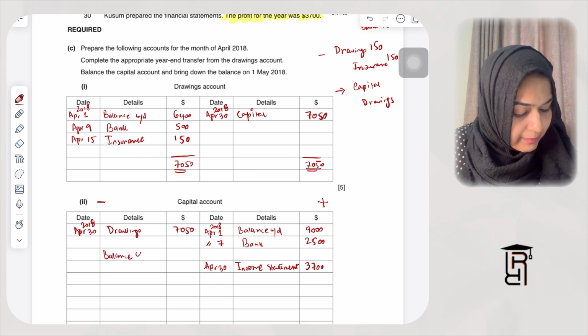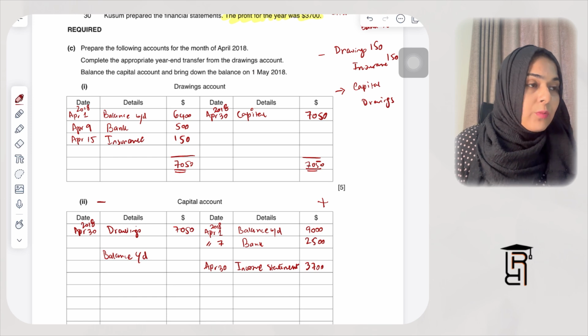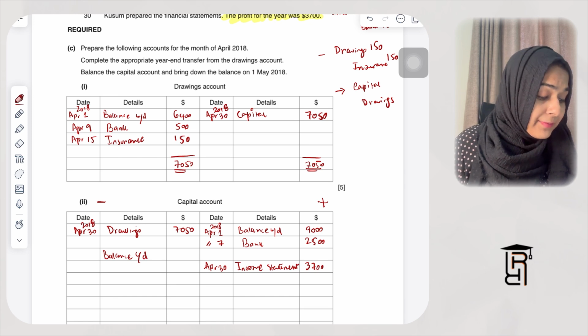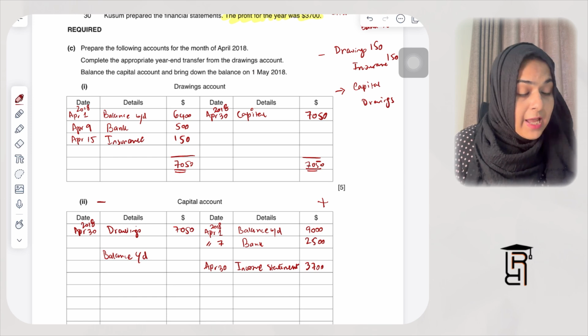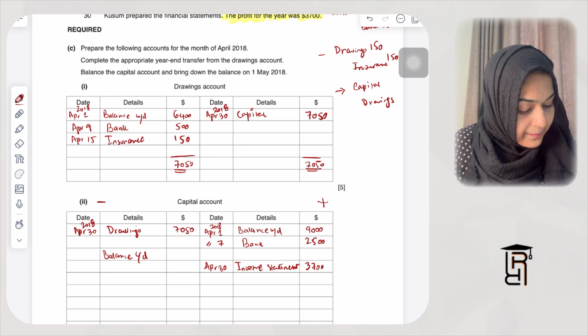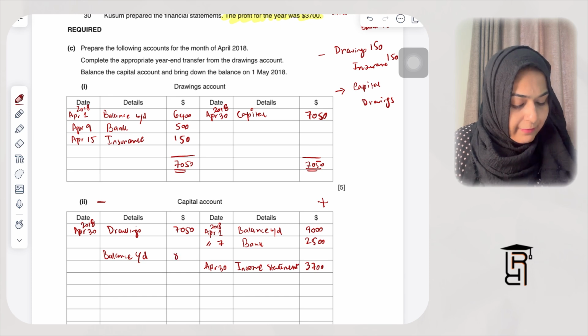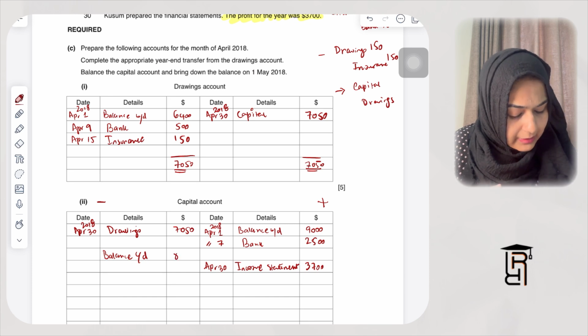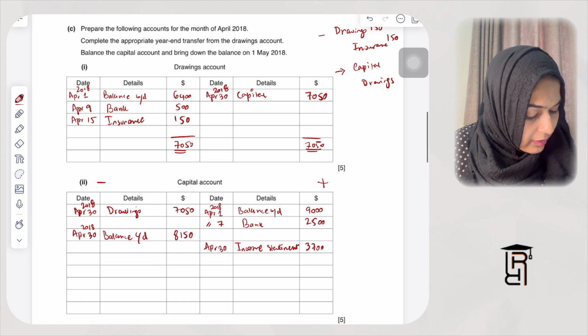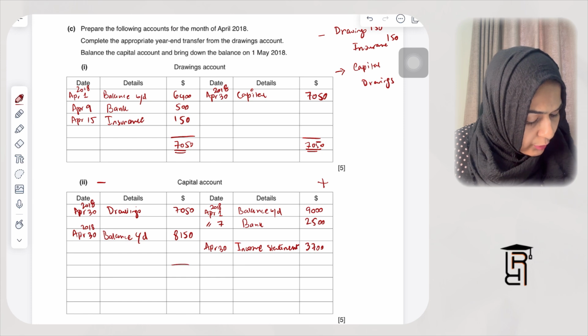So when I calculate balance carried down, I'm basically going to add whatever I have on the credit side. 9000 plus 2500 plus 3700 minus 7050 will give me closing capital, which is 8150. This is my closing capital for April 30, 2018. And now this account is going to be balanced on both sides.